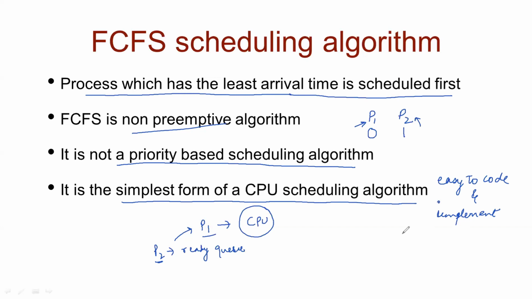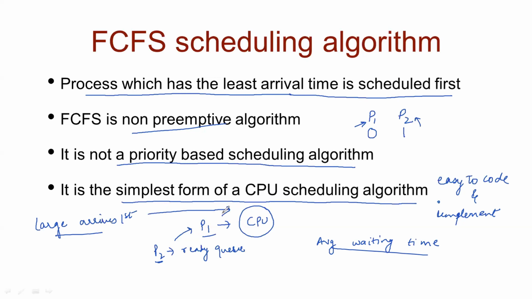The problem with first come first serve is the average waiting time. If a large process arrives first, then this large process will keep hold of the CPU, and the processes which have small CPU bursts will have more waiting time.